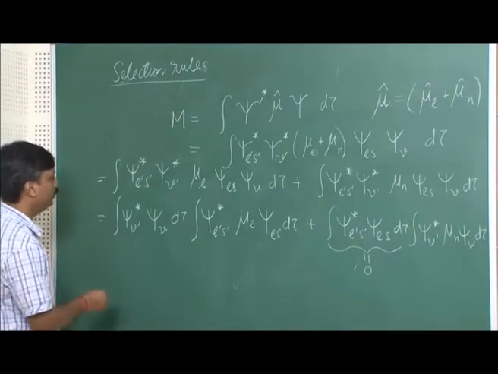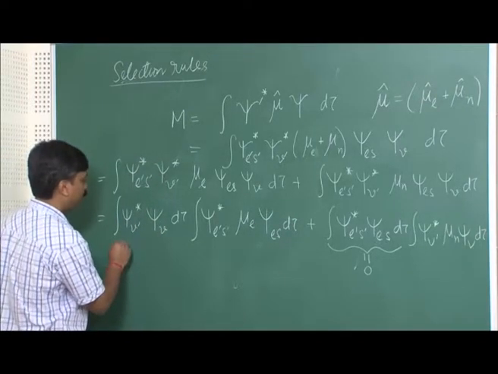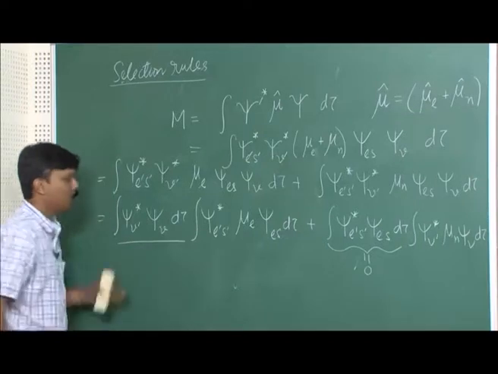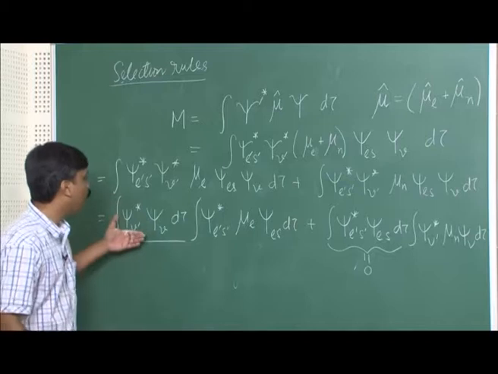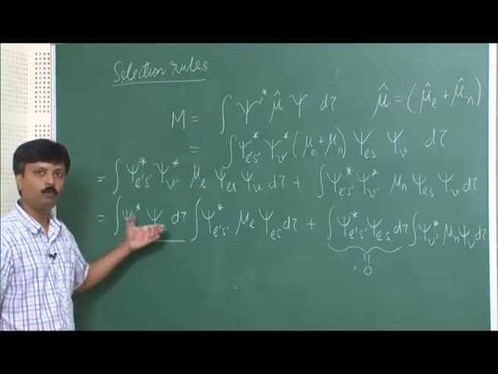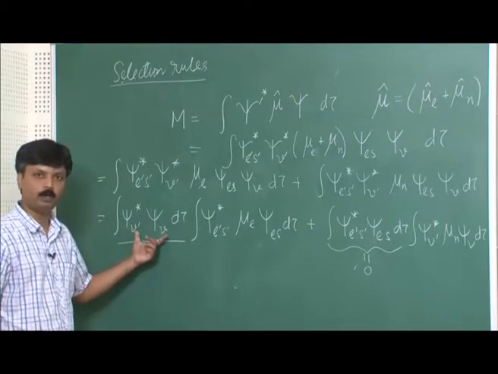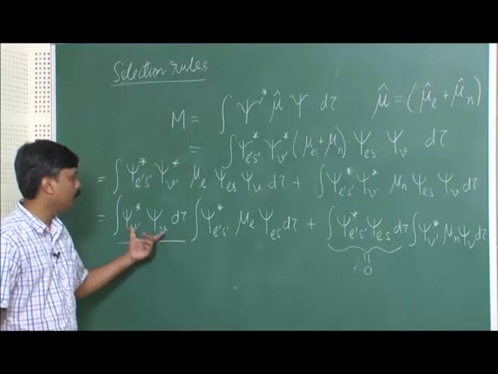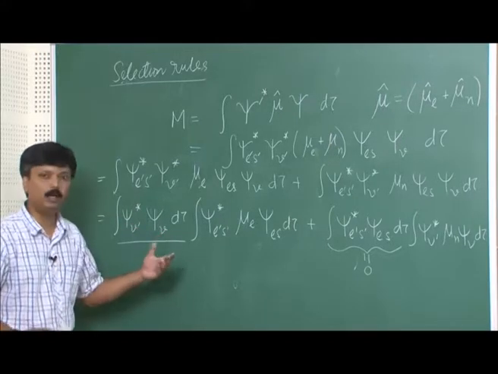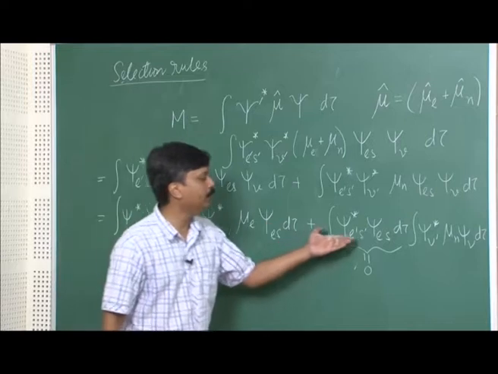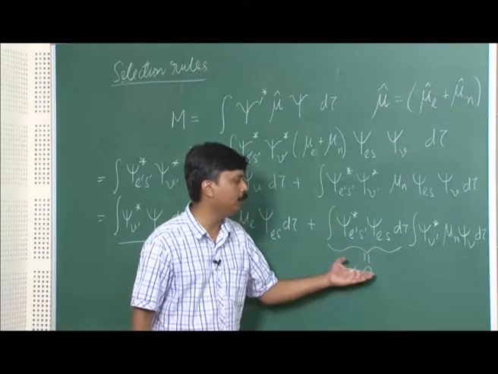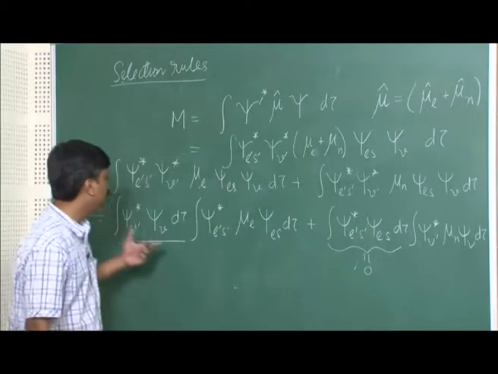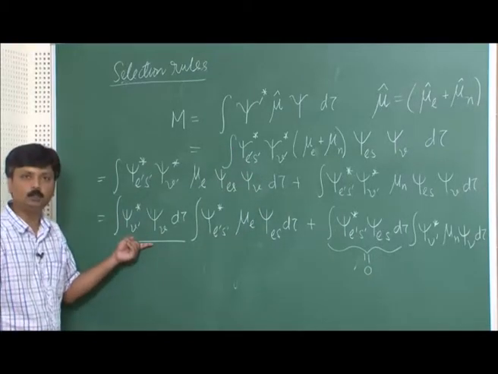So here you look at this particular quantity, this is an overlap integral of two wave functions, two vibrational wave functions, right. So now one can ask that, okay, I have this particular integral having a value 0 because of the orthogonality, then why not this case? This also should be 0.